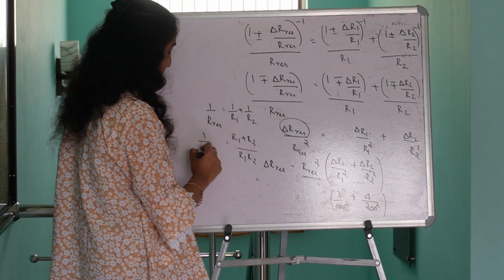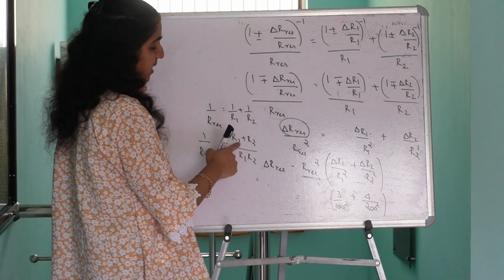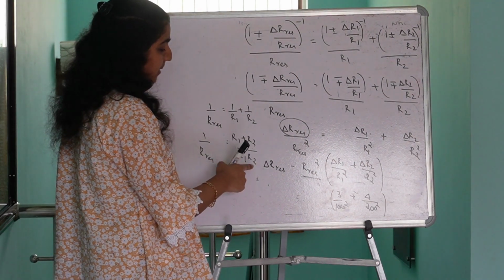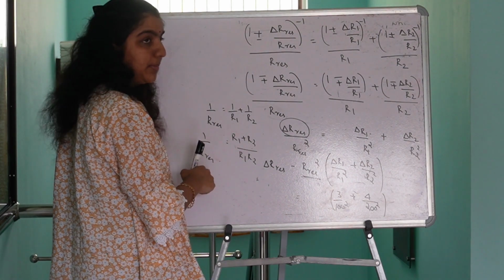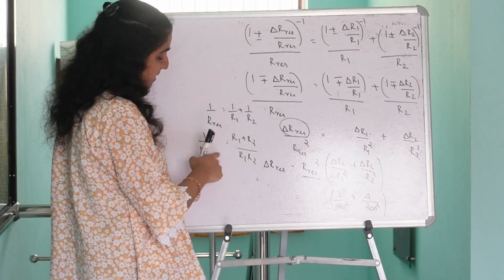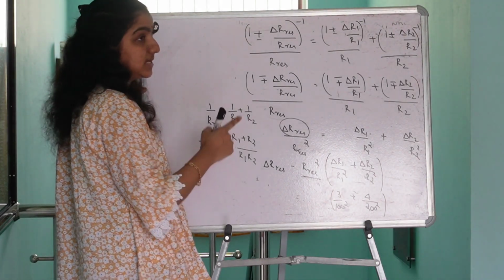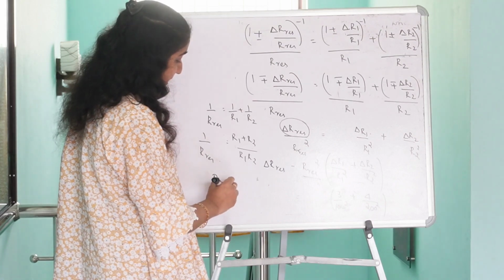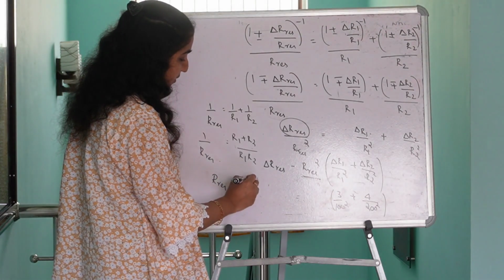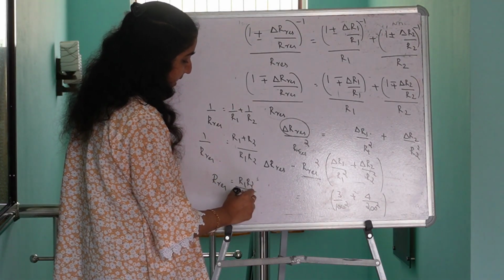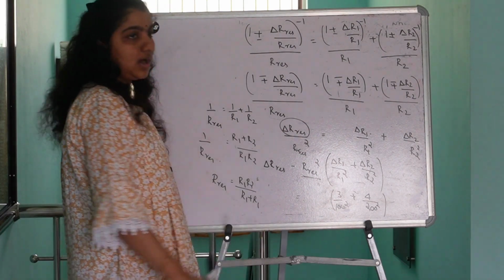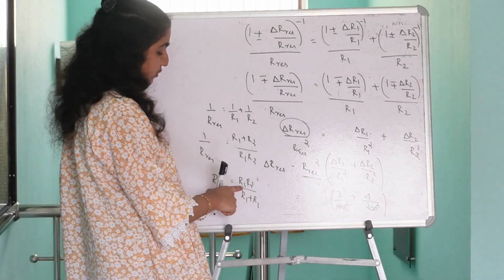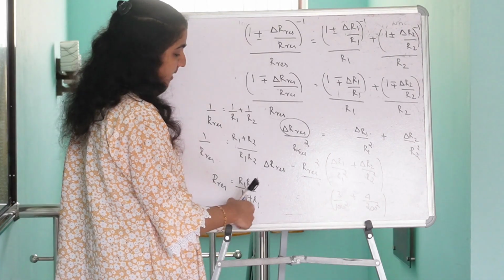So 1 by R resultant is equal to R1 plus R2 divided by R1 R2. Taking the inverse, R resultant is equal to R1 R2 divided by R1 plus R2. Is it clear, guys?